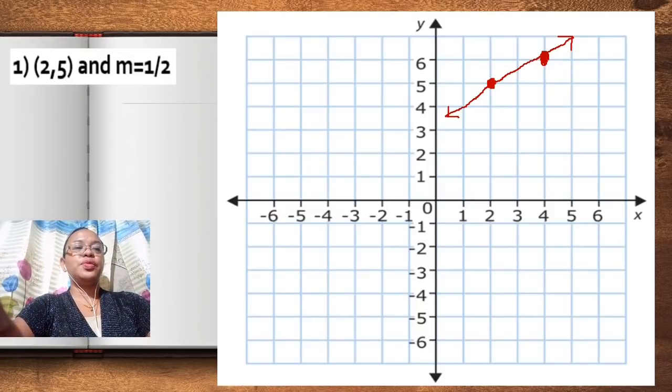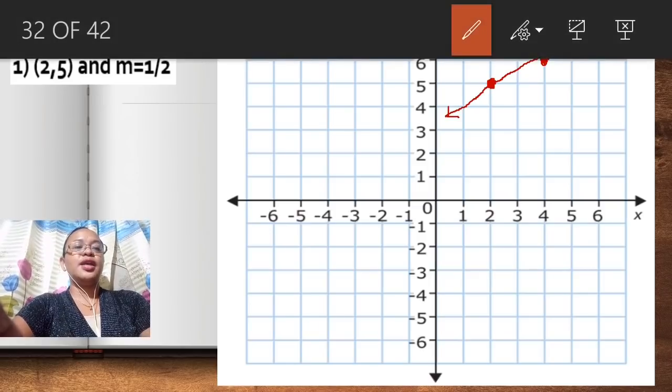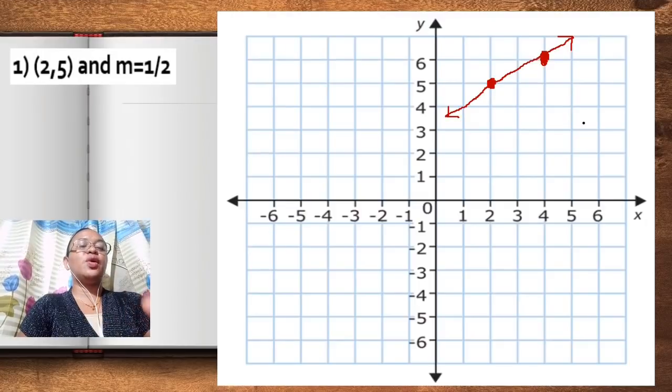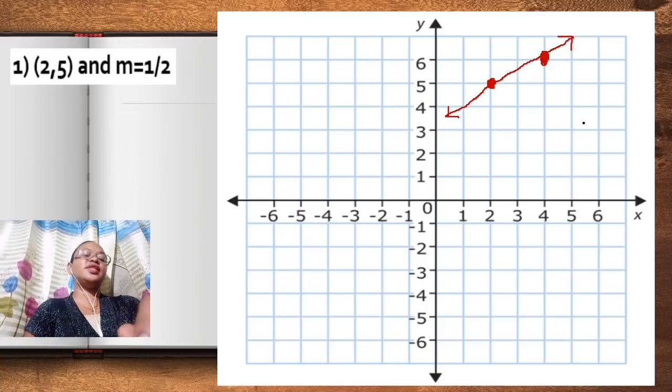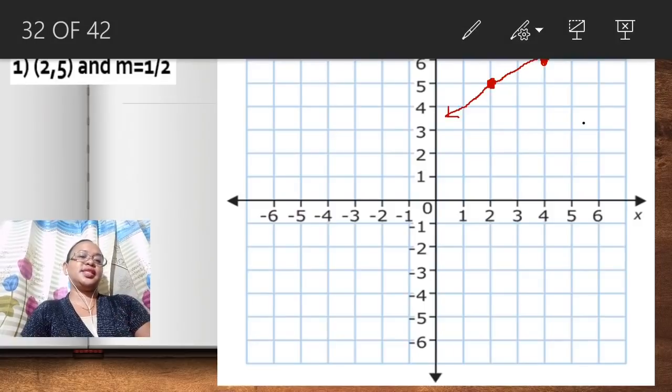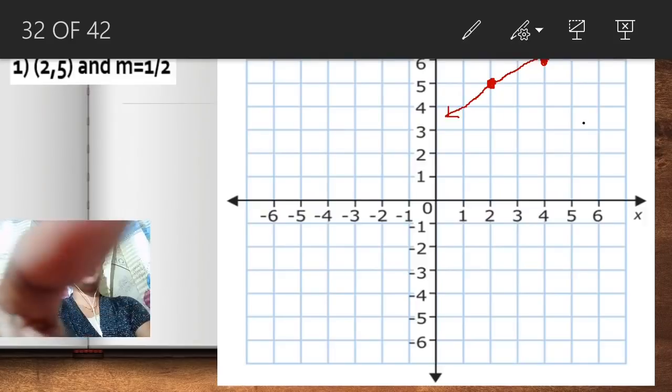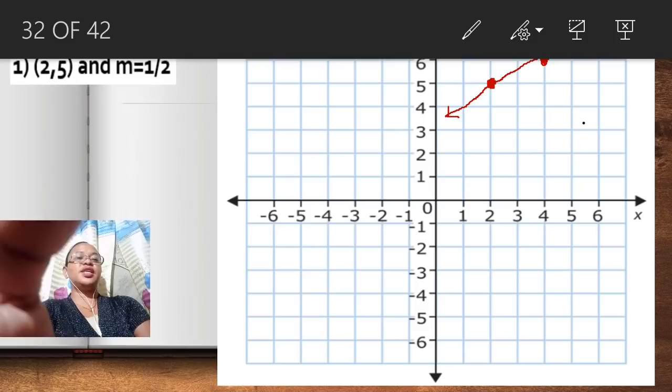So okay, you go up 1 point there, that one, and then you go to the right 2 numbers. So from 2 you go 2, 3, 4, and so the second point will be at 4, 6, the second point, and then you will just connect them, and that is already the graph of the line, or the graph of the given.